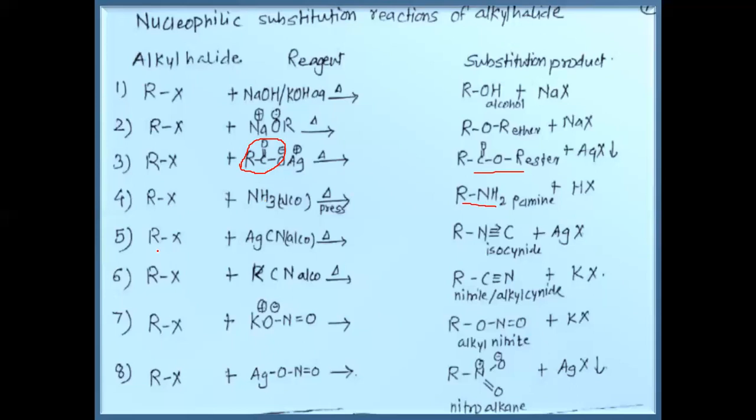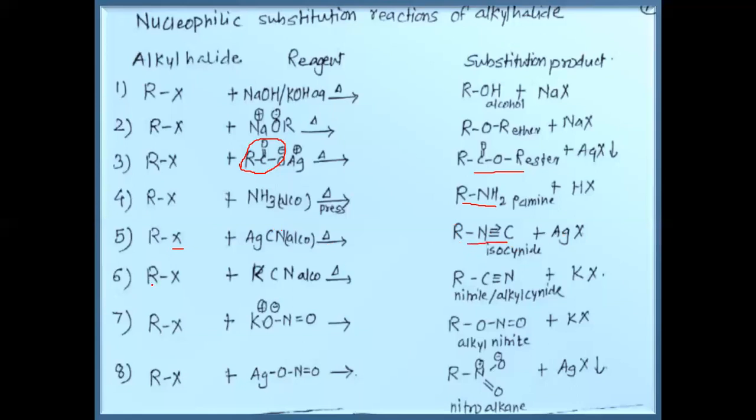Fifth reaction, alkyl halide plus silver cyanide, alcoholic solution, heating. So X is substituted by the NC group, isocyanide group, R-N triple bond C plus silver halide, alkyl isocyanide.